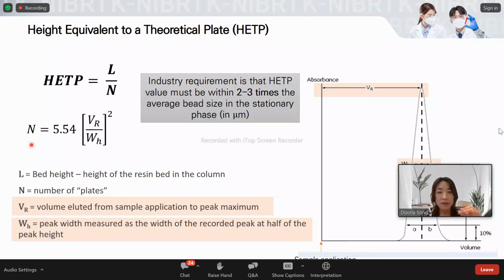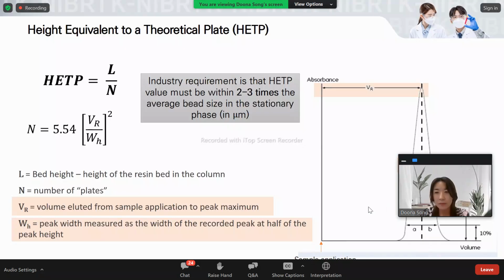The number of theoretical plates in a column can be calculated using the following formula. 5.54 is just a constant, and VR is the volume or retention time eluted from the sample application to the peak maximum, and WR is the peak width, measured as the width of the peak at half of the peak height, 50%.